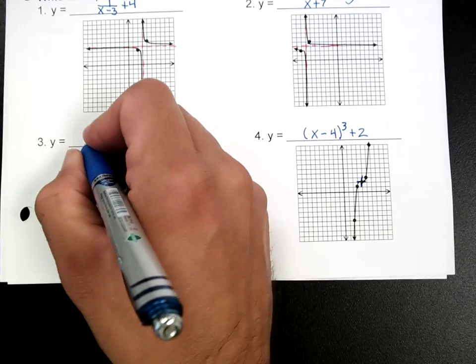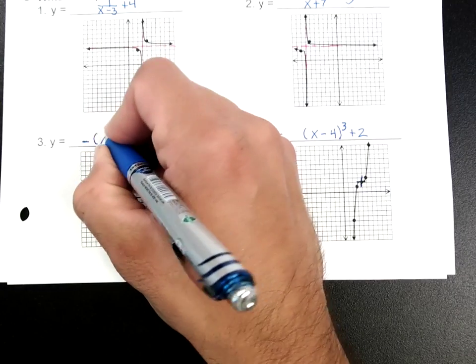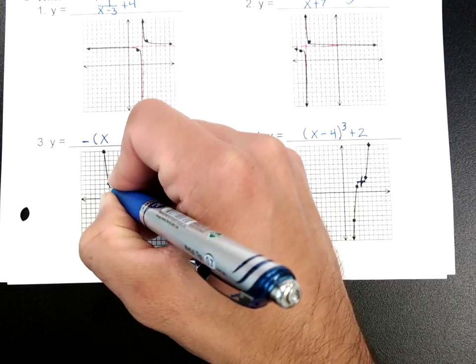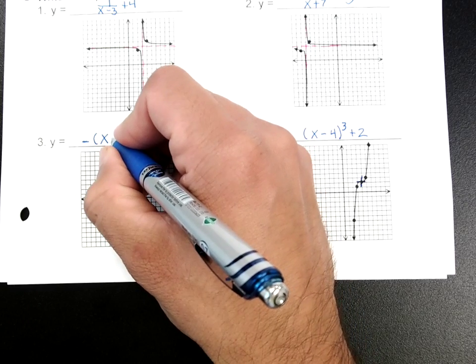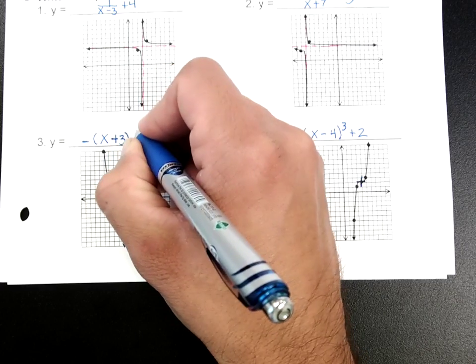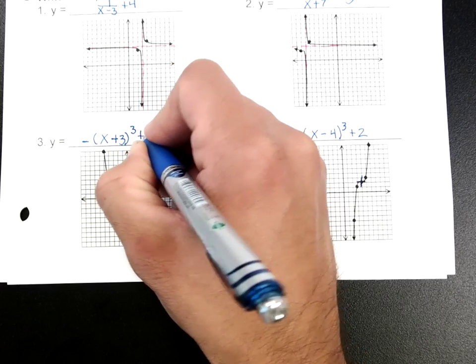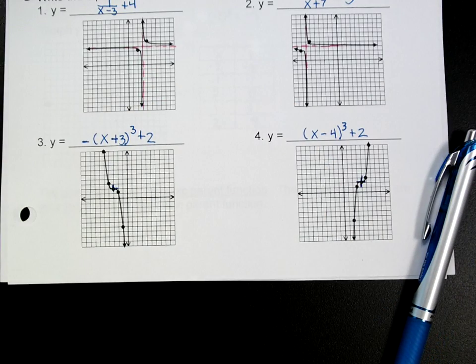So this is negative. Let's see, how far to the left? 1, 2, 3. So we have x plus 3. I had to think about that one way too hard. Cubic plus 2. Right, so don't forget, these are the cubics, like this.